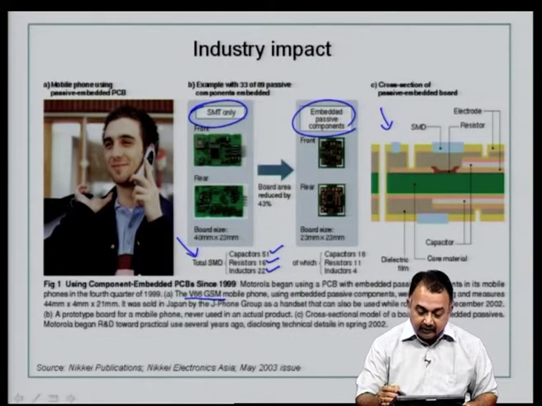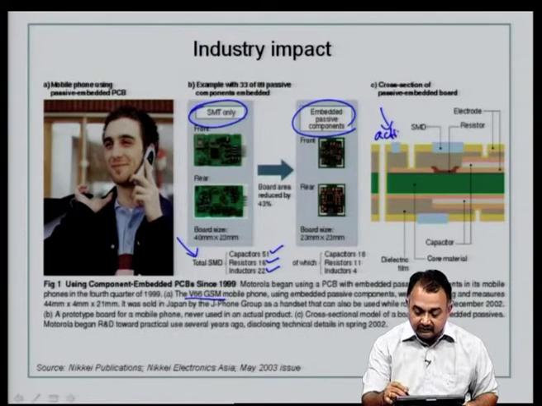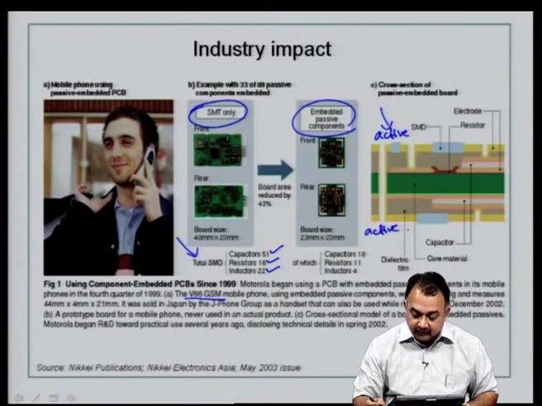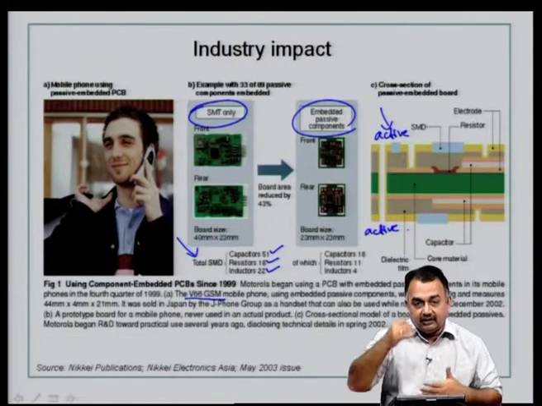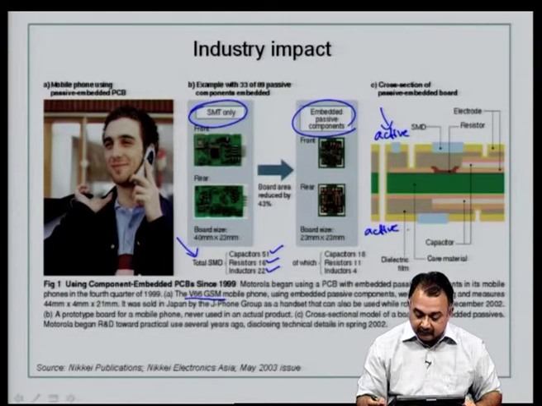The greatest thing about embedded passives is that it allows you to place more active devices on the top and bottom areas of the system level printed wiring board, and you can do a vertical integration. Okay. You can increase the number of layers of the system level printed wiring board.